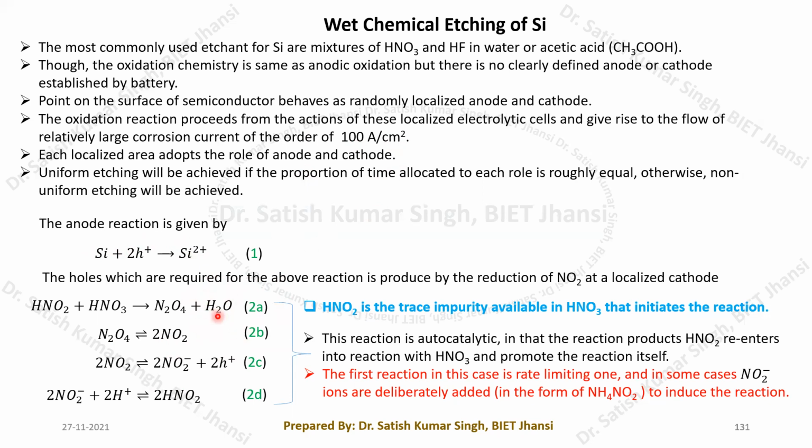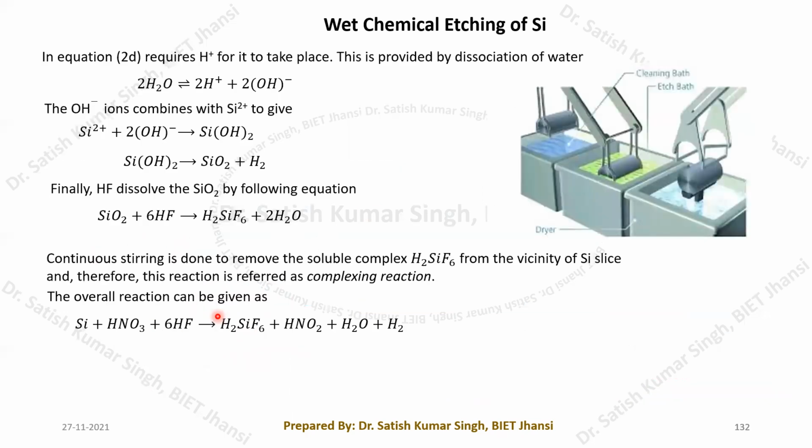This water again dissociates into two ions, hydrogen plus and hydroxyl ions, and then the hydroxyl ions, as I said, combine with the silicon 2 plus to form Si(OH)2 as a product. This Si(OH)2 is again converted into SiO2, liberating hydrogen gas.